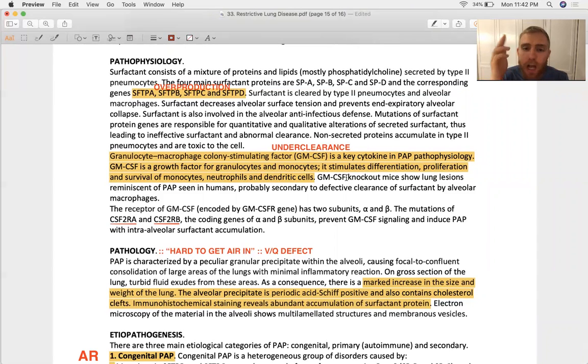If there's a loss of function mutation in that gene, you can inherit it or acquire it, and then that's going to be an underclearance of surfactant because your macrophages have to go around. They're like a Roomba, right, on the surface of your alveoli, and your macrophages are scooping up leftover surfactant that you don't need, and they're making sure it gets out of there. So if they don't do that, too much surfactant. And then if you overproduce it, too much surfactant.